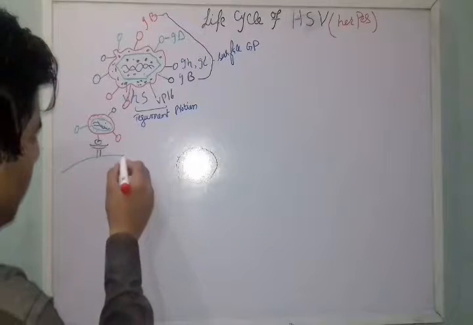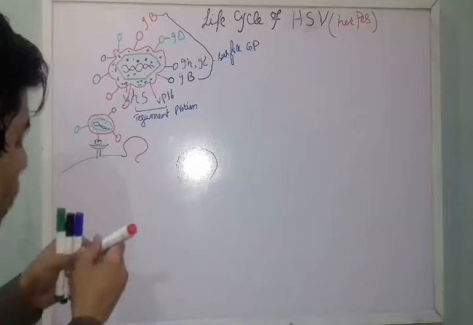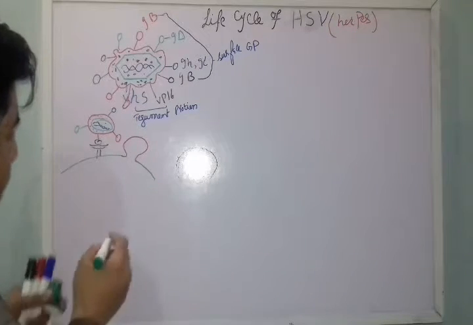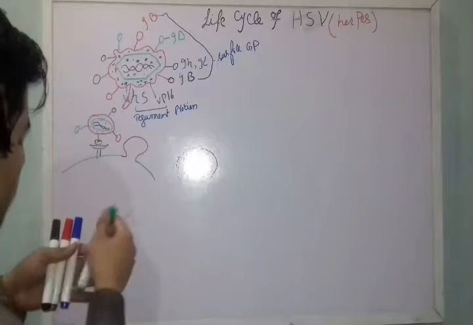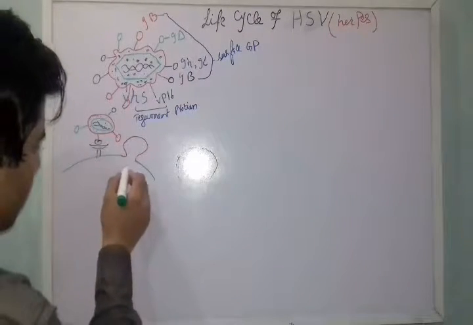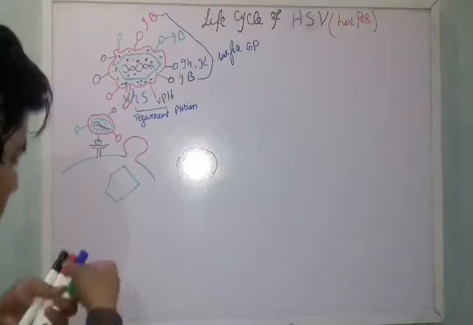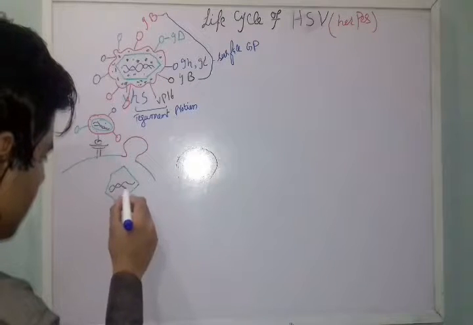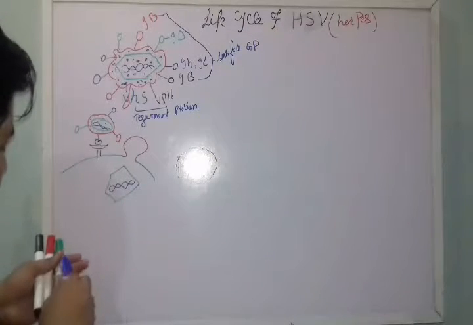The envelope area will remain outside, while just the capsid and the tegument proteins will remain inside. These are the double-stranded DNA and also the tegument proteins.